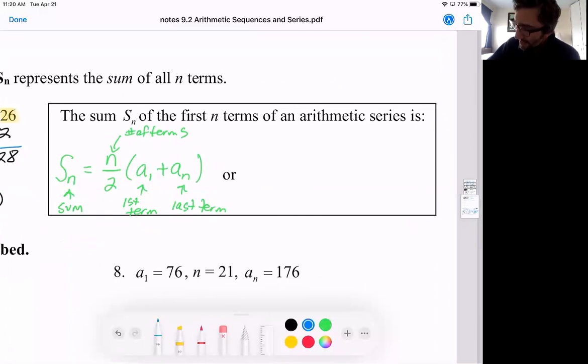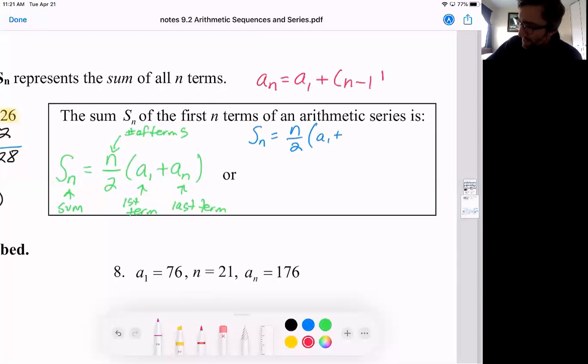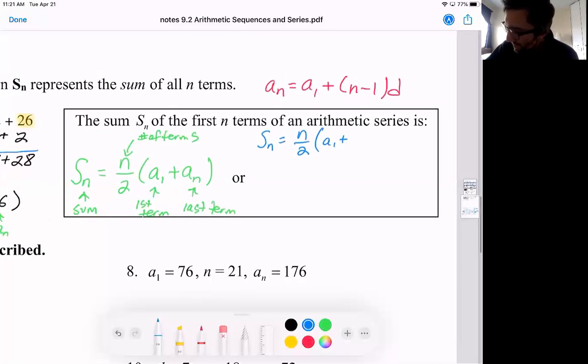We could write it as the sum of n terms is n over 2, the first term, plus, and we have a formula for a sub n. The formula for a sub n equals a sub 1 plus n minus 1 times d. That was earlier in the lesson. So we can actually put that formula in for the a sub n term.